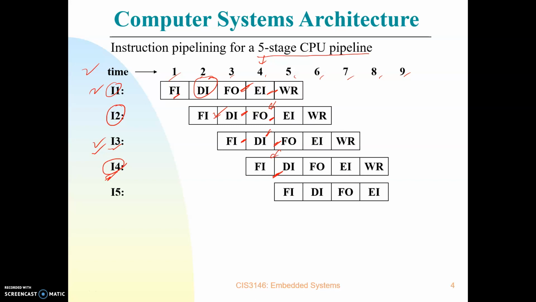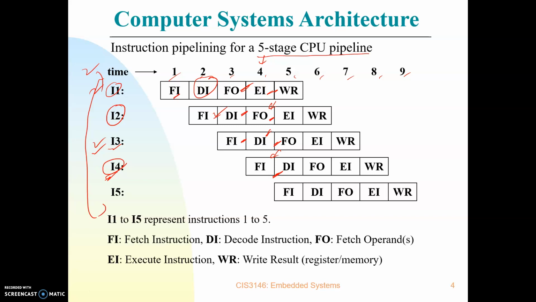So like this you can see all instructions I1 to I5 will get executed, and I1 to I5 are my instructions. FI is fetch instruction, DI represents decode instruction, FO is fetching the operand, EI is execute the instruction, and then writing the final result in the memory.